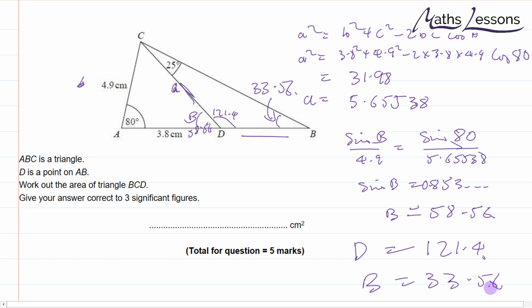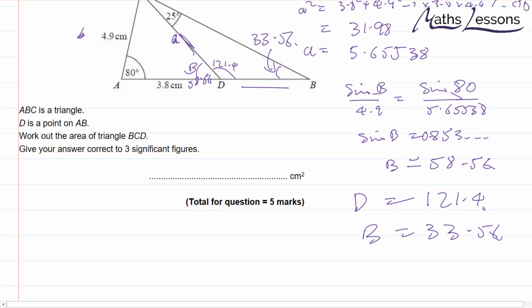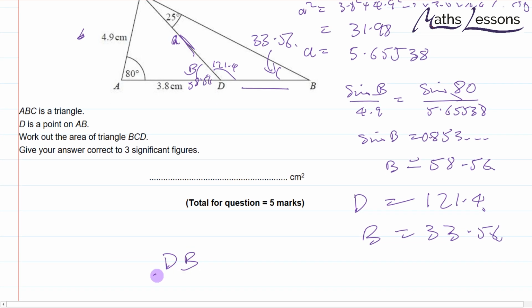So B equals 33.56. Now, remember what I said, I need 2 sides either side of an angle, so I'm going to find this side DB here. So DB over the sine of 25, because that is the opposite angle, will equal whatever A was, which is 5.65538, all over the sine of this angle here, which is 33.56.